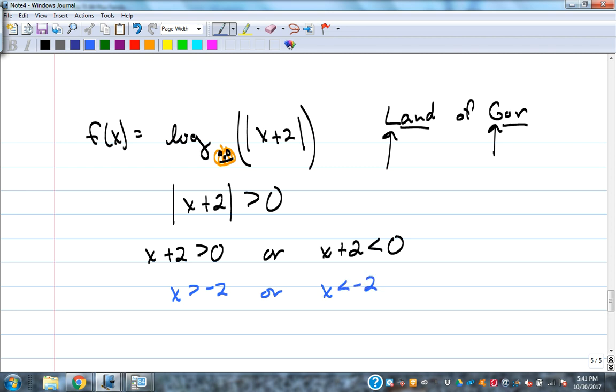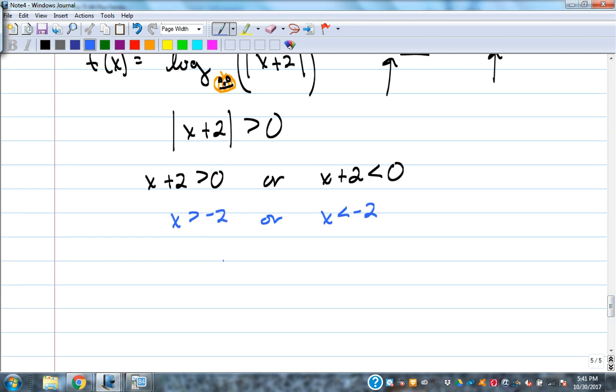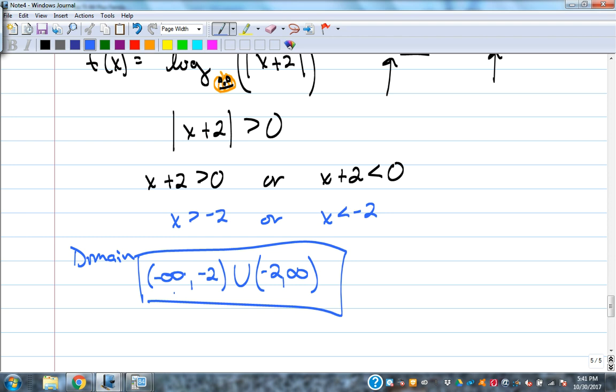It's two intervals there. So we go from -infinity to -2, union from -2 to positive infinity. That's our domain. I'm just trying to show you these things because you're going to see them later.